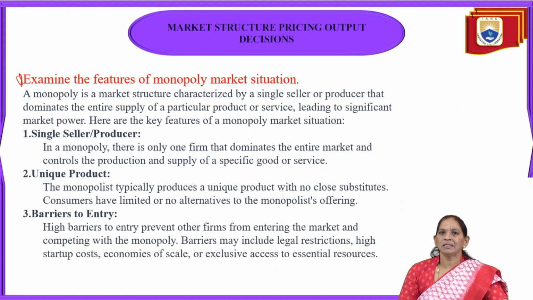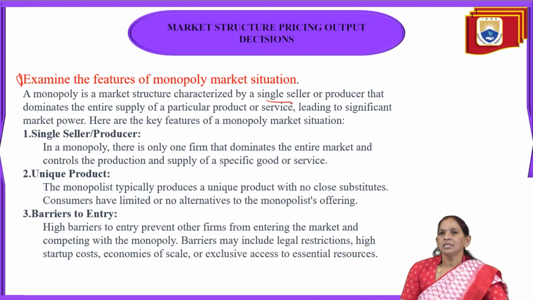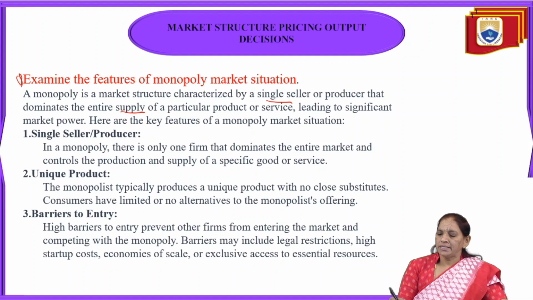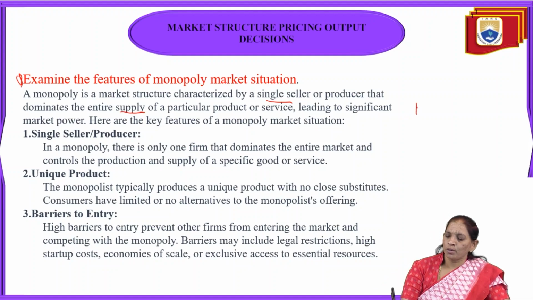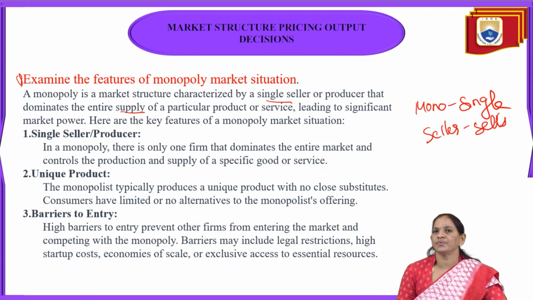Monopoly market structure is characterized by only a single seller or producer that dominates the entire supply. As the name itself says, mono means single, and seller means the person who produces or sells the goods and services.